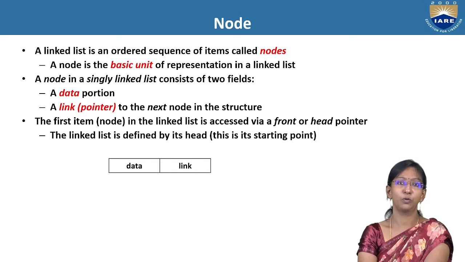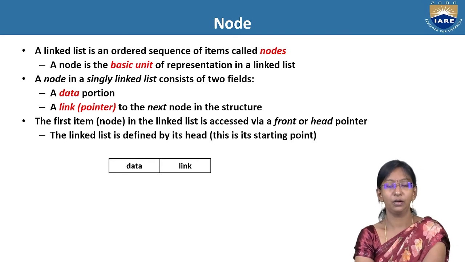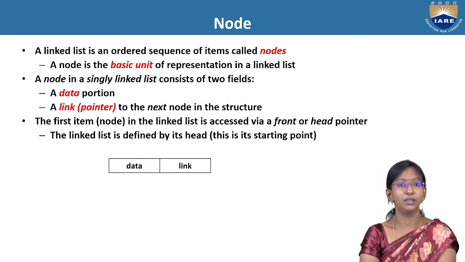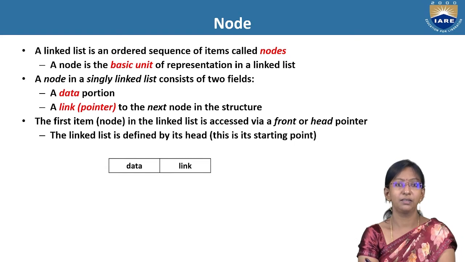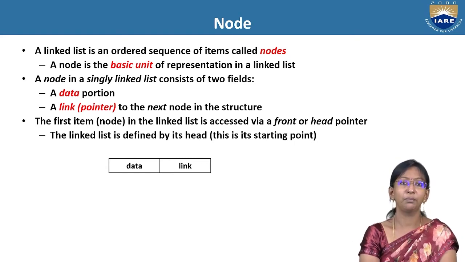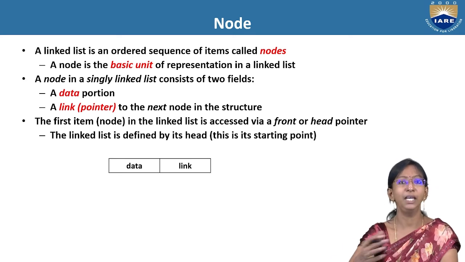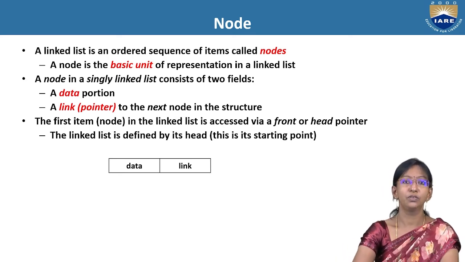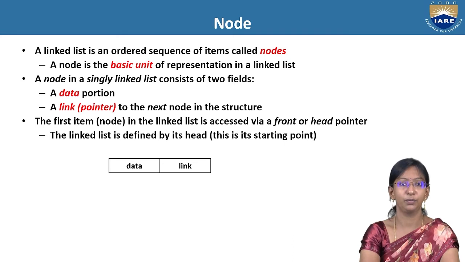And this link part is also known as pointer part because it stores the address of the next node. Got my point? So a node is having two parts. First part is the data part and the second part is the link part. In the link part, I'm going to hold the address of the next node, right? So this is the structure of a node.